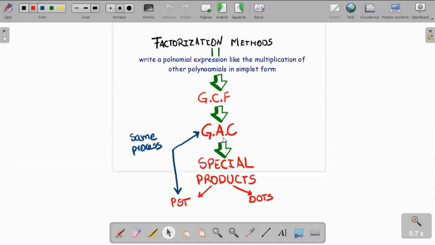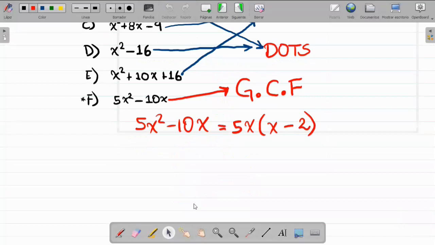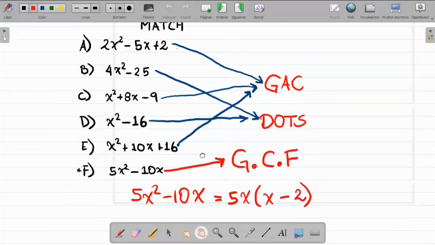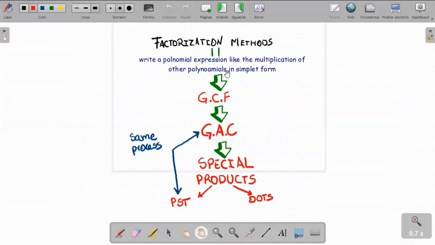Of course, I think that now you're sure when you're going to apply the guess and check method, which is the reason I recorded that class. So please review this class a little more, and do it on your own with the last exercises we identified. I'm talking about these ones. And do not forget this important idea. To factorize a polynomial, first look for the greatest common factor if it has one. Sometimes it doesn't.